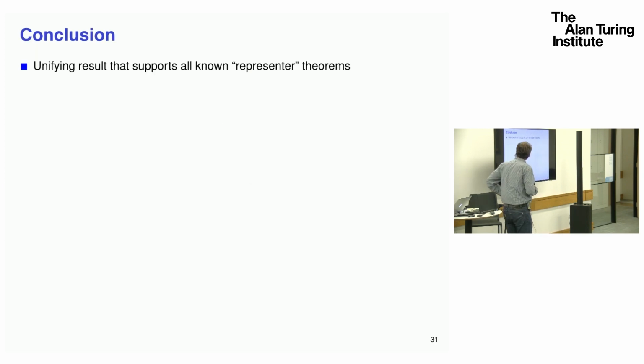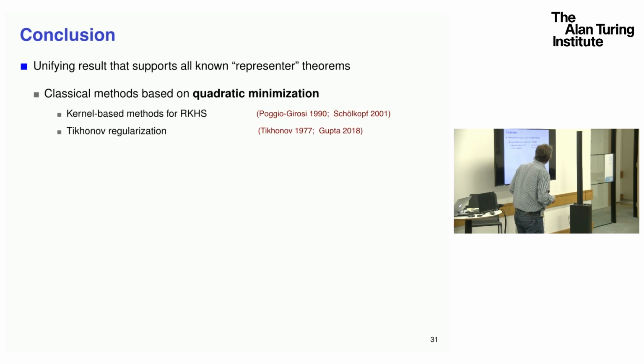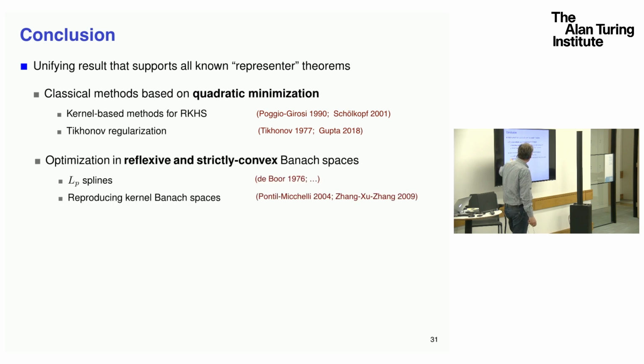Okay, conclusion. Here we have a unifying result that supports all known representer theorems. Of course, it's inspired by earlier work. What's interesting is that the method of proof is almost the same as with Hilbert spaces. If you are in a reflexive and strictly convex Banach space, it gives you a unique solution.